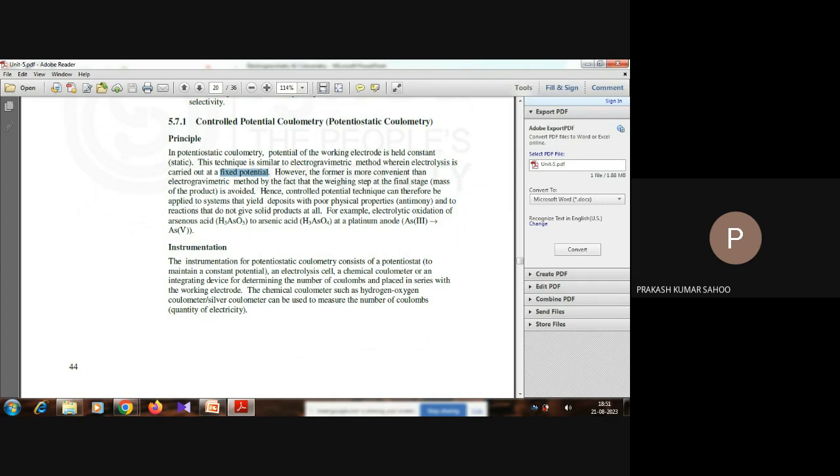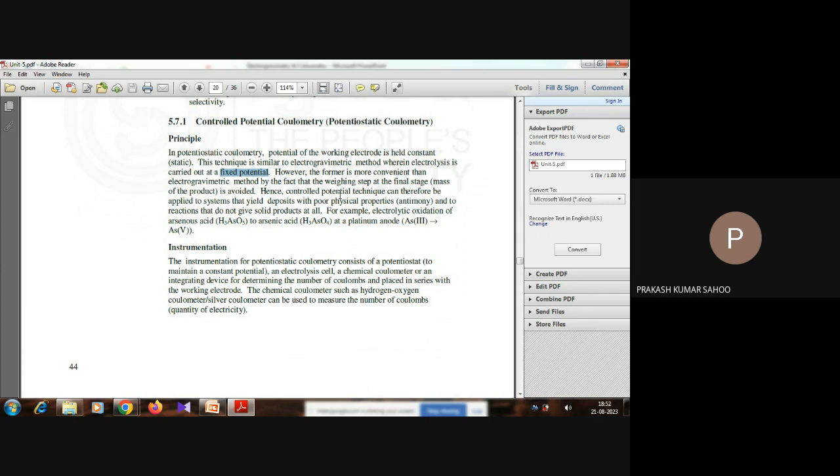In electrogravimetry, weighing of the platinum gauze, which acts as the cathode, is an important step to determine the weight of metal ion present in the sample solution. But here this weighing step is avoided, that is the initial weight and final weight.